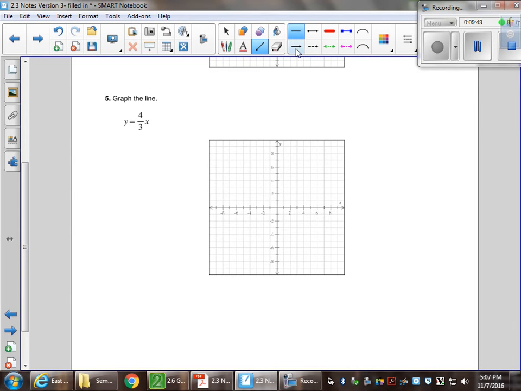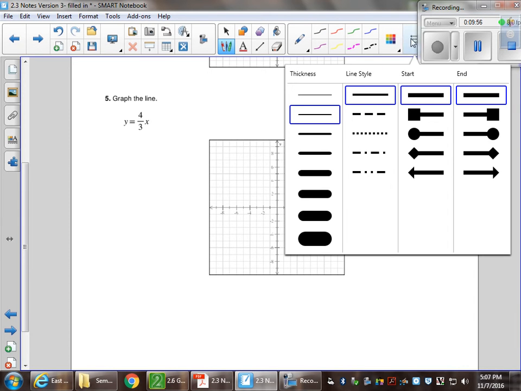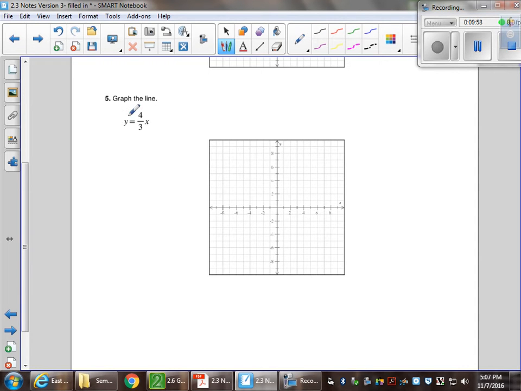Number 5, y equals 4/3 x. Well, when I'm analyzing this, I immediately notice that y is by itself. I see my slope. But then I wonder, wait a minute, where's the rest of it? What's my y-intercept? Well, there's no number here.